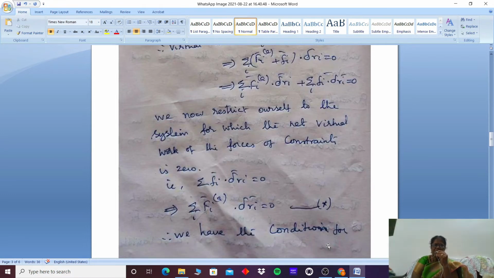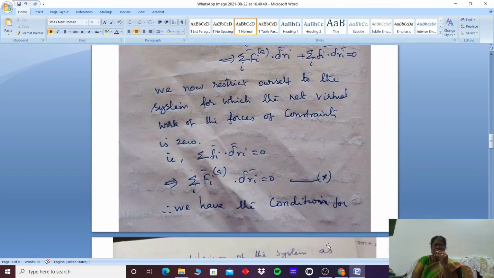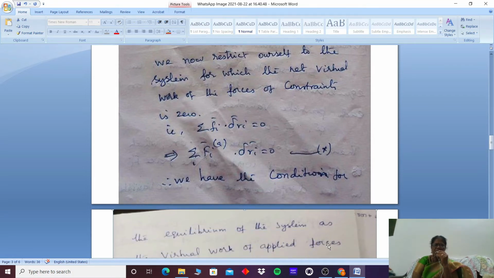Here we restrict ourselves to a system for which the net virtual work of the force of constraint is 0. So that means sigma over i small fi dot delta Ri is equal to 0, we are considering. If you replace it by 0 in the previous equation, then we get only the first term, which gives you sigma over i Fia dot delta Ri equal to 0.